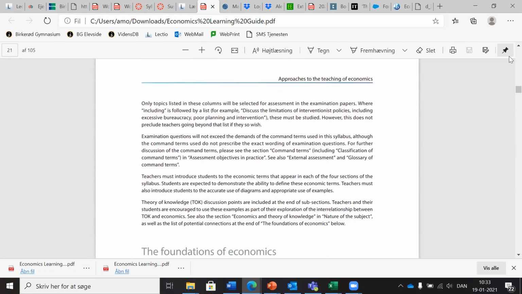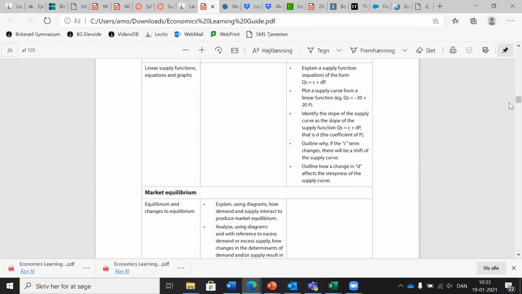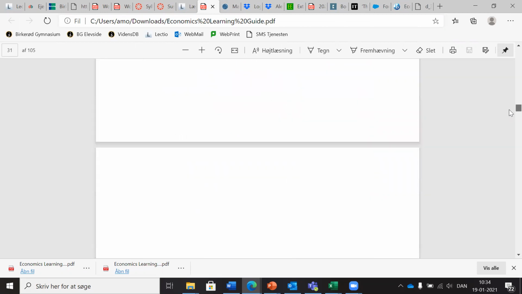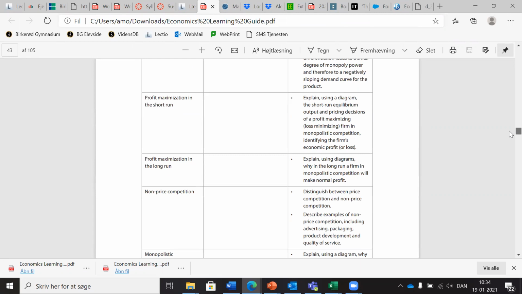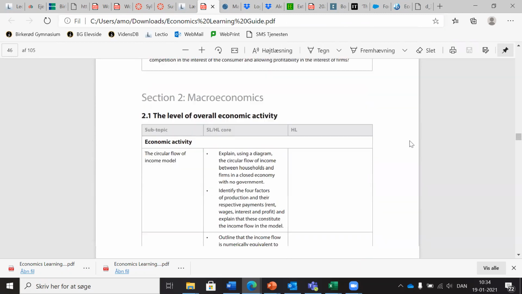So just to go through a kind of revision, what is it you need to be focused on for development? So let's just go down here.